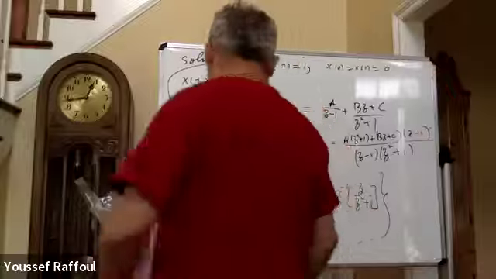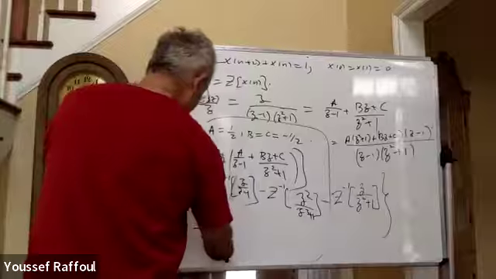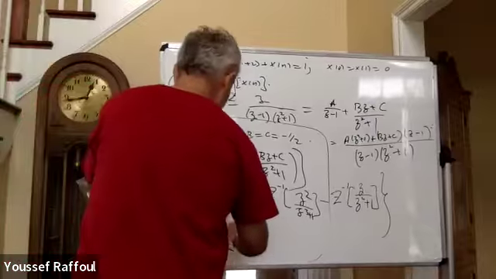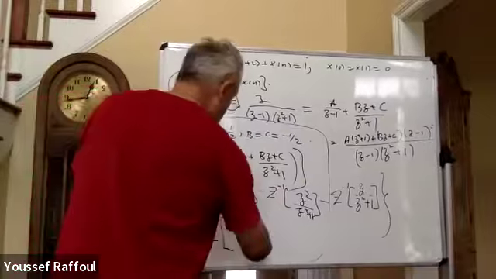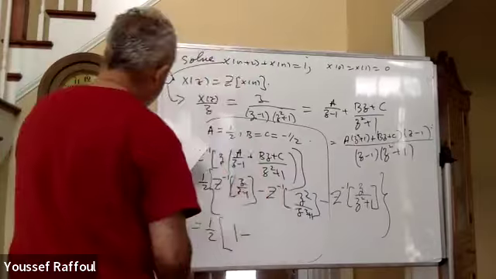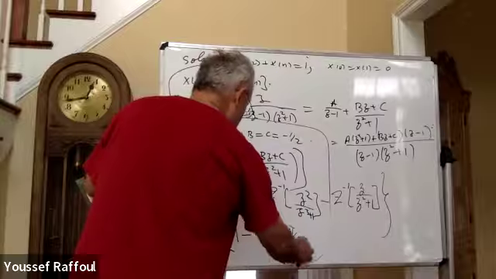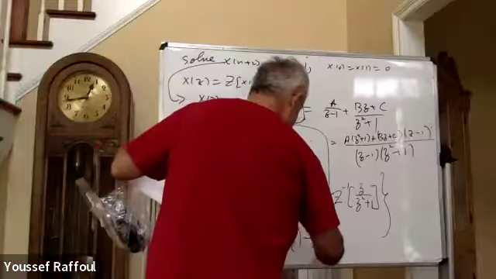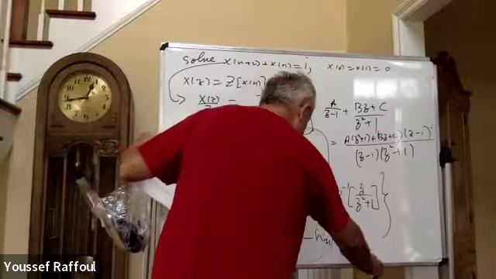And the 1/2 I took out. Now what is this? This is 1/2 of the z inverse of that is 1, minus the z inverse of that is cosine n pi over 2. And this one is minus sine n pi over 2. Okay.